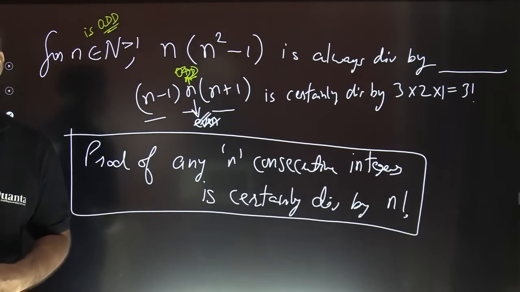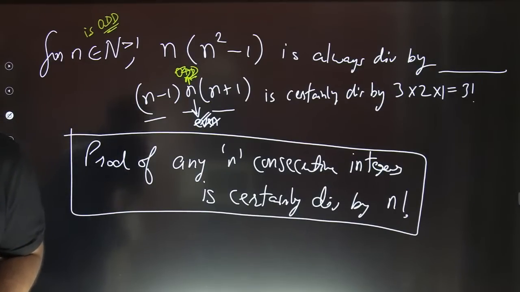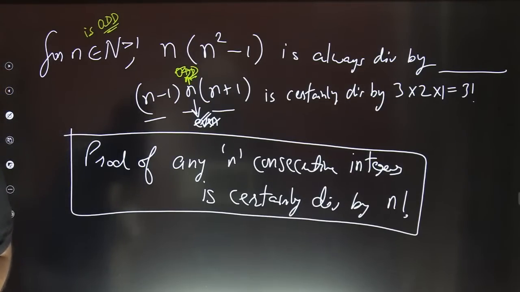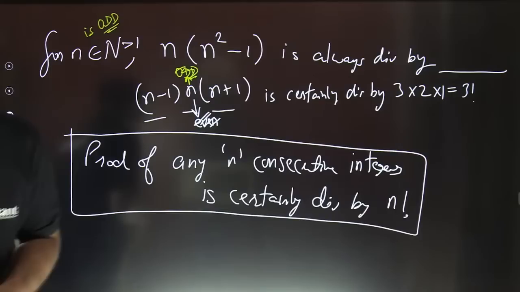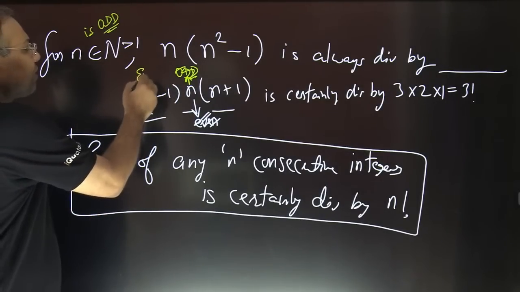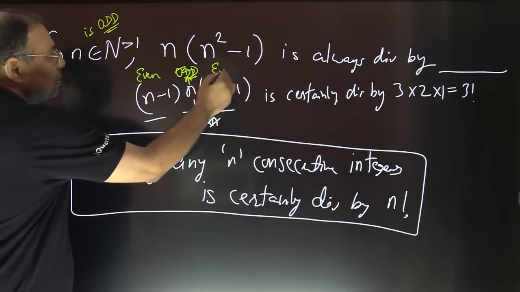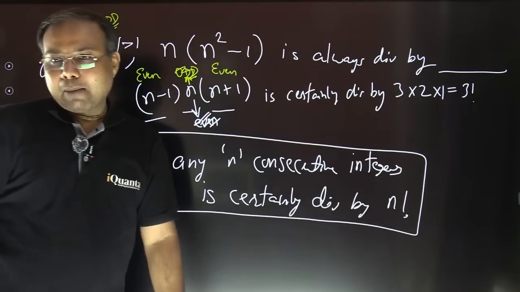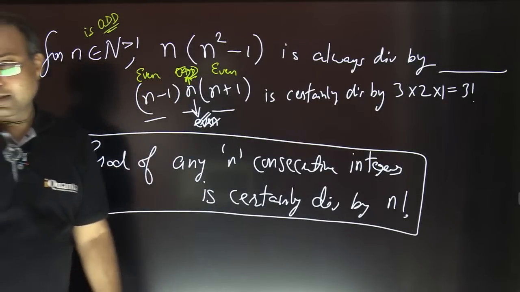What will be the answer now? Not 12. Why are you saying 12, Shashank? Many of you are saying 12. Vipul, Shweta, Paleshwari, why are you saying 12? If n is an odd number, तो दोनों even हो गए हैं, right? So it is certainly divisible by 3, that is true. But now there are two even numbers.